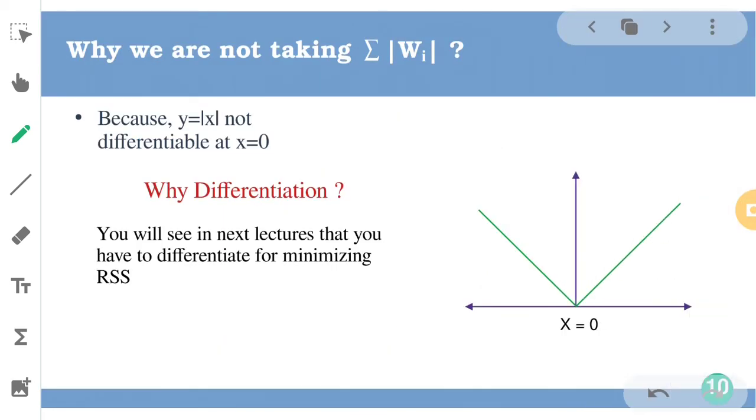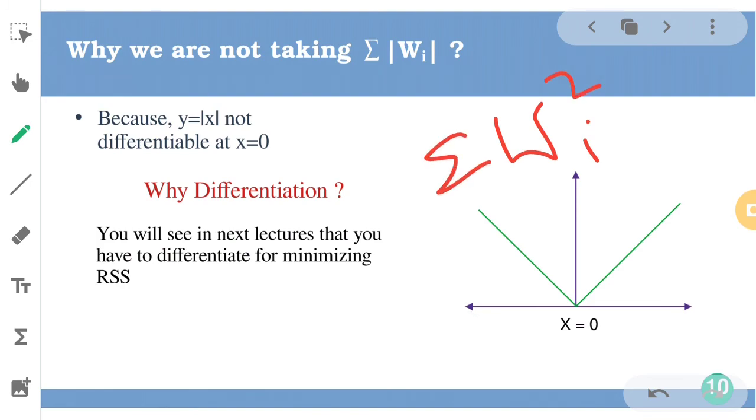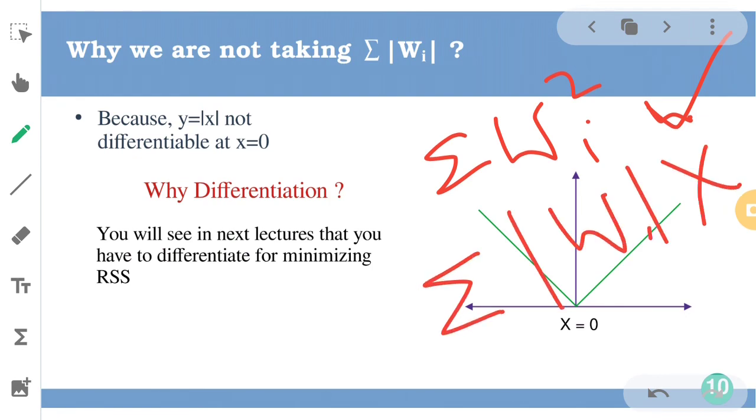And why are we taking mod W i square? Why not mod W?